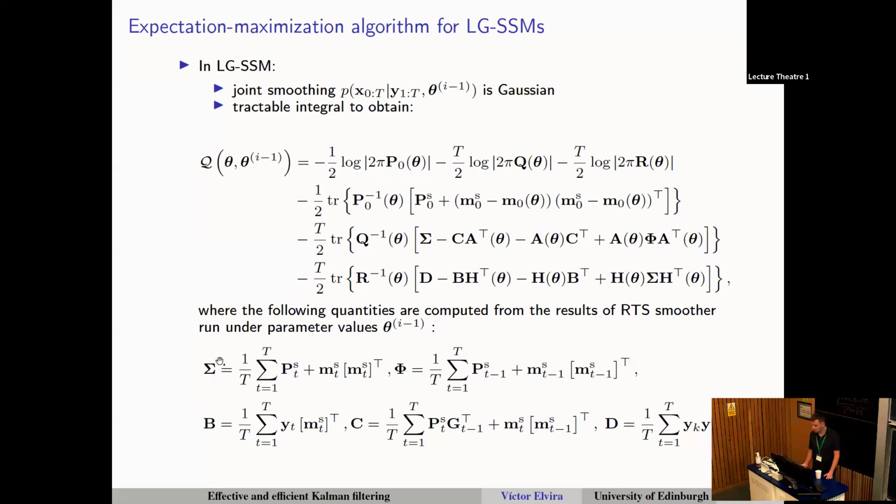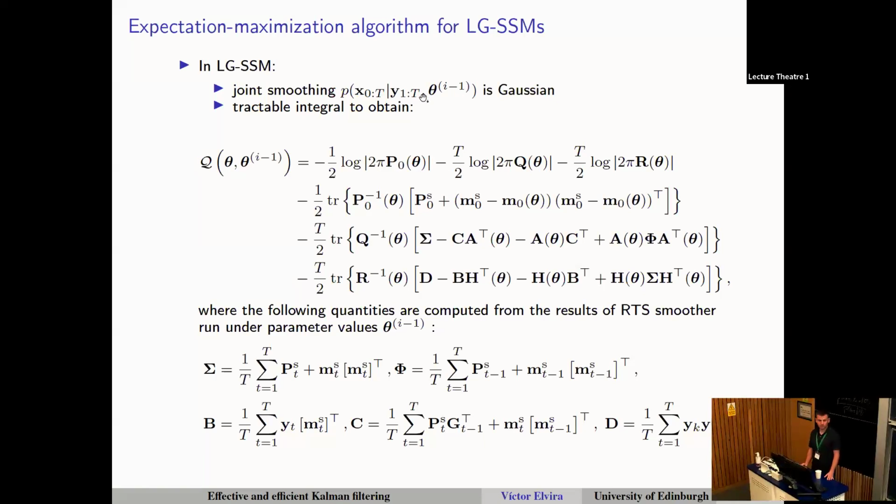Then you have these matrices that are going to be available. What I mean by this is that all these elements here just depend on either the observations or these M and P, the smoothing means and covariance elements. So once again, you run the Kalman filter and smoother, as you were saying, with the previous theta i-1.